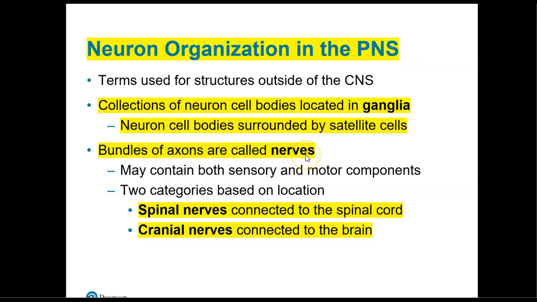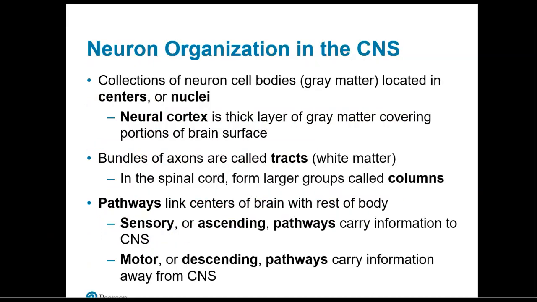But when we talk about a nerve, that's defined as bundles of axons. And we have two types of nerves. Spinal nerves originate from the spinal cord, and cranial nerves originate from the brain. So we will learn the cranial nerves in detail. We'll talk about the spinal nerves, but we'll go in detail with the cranial nerves.